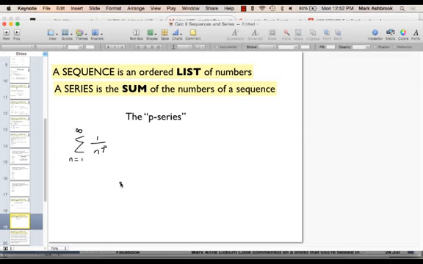The P sequence, and then I'll just say the P series. The P sequence we talked about was P to the N. Who came up with those names? And so we know that goes to 0 when P is between -1 and 1, and this is the basis for our geometric series, which is A R to the N minus 1.